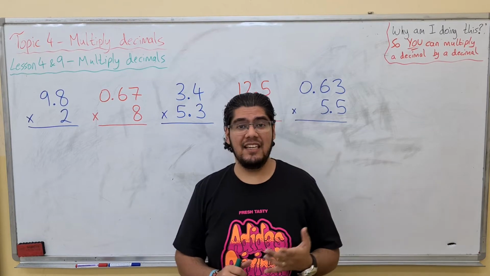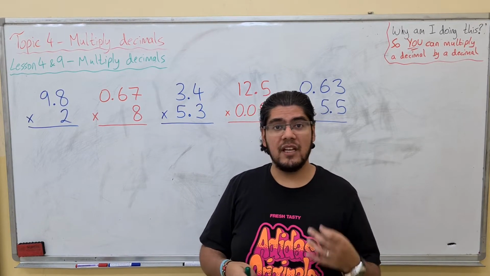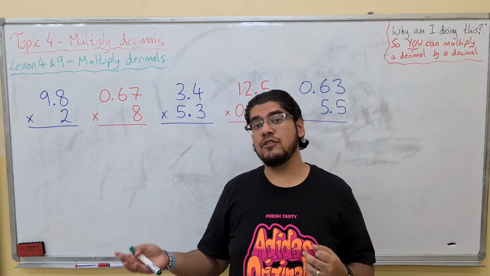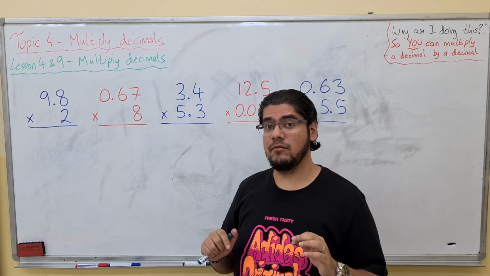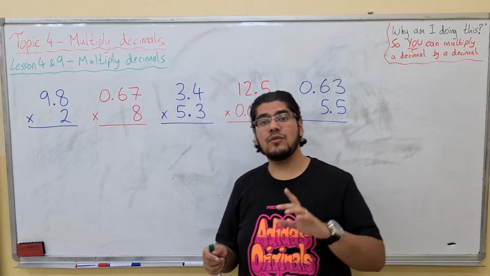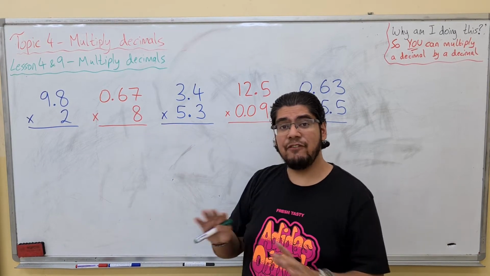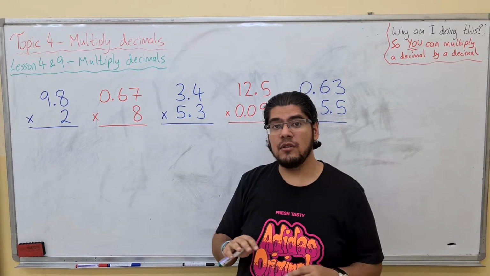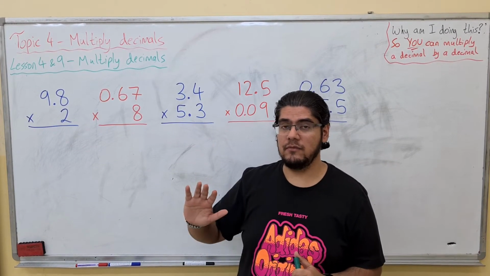Now, in topic 3, we learned to multiply whole numbers with whole numbers, 3-digit numbers with 2-digit numbers. This is almost exactly the same, except now we have decimals. So, this is the part where it's the same. Multiply everything as normal and forget about the decimal point.